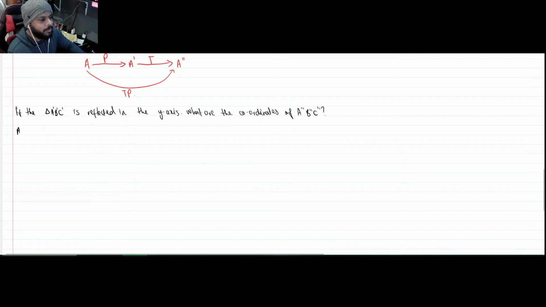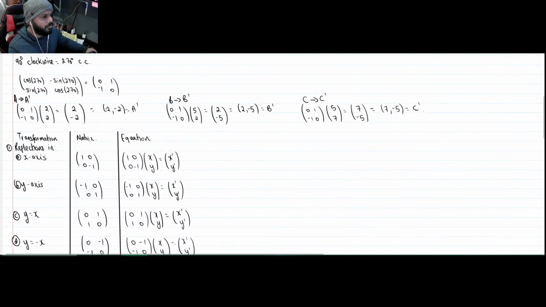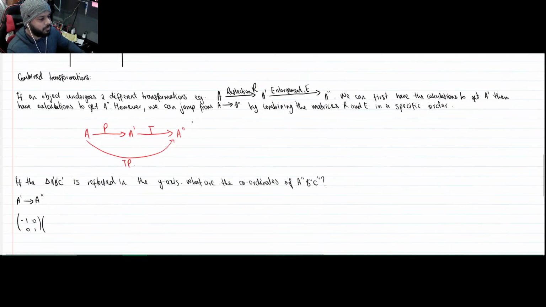So from A prime to A double prime, I will have the reflection in the y-axis, -1, 0, 0, 1, multiplied by the coordinates of A prime, which we worked out to be 2, -2. This will give me the coordinates of A double prime. -1 by 2, 0 by 2, so we get -2; 0 by 2, 1 by -2, we get -2. So A double prime is -2, -2.